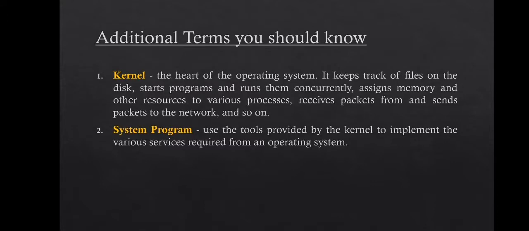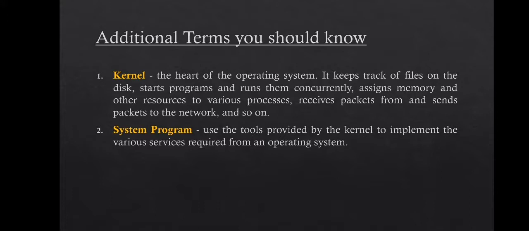Let us now discuss some terms used when we talk about operating system. First, we have kernel. A kernel is the heart of the operating system. It keeps track of files on the disk, starts programs and runs them concurrently, assigns memory and other resources to various processes, receives packets from and sends packets to the network, and so on.